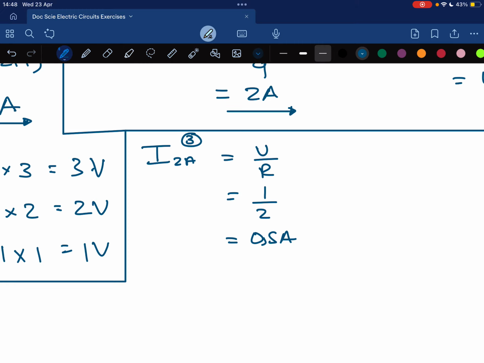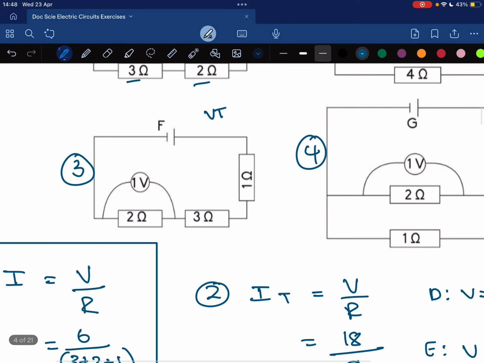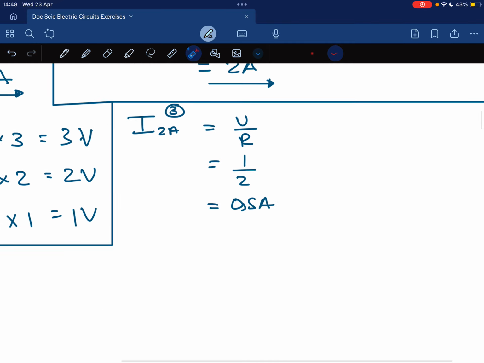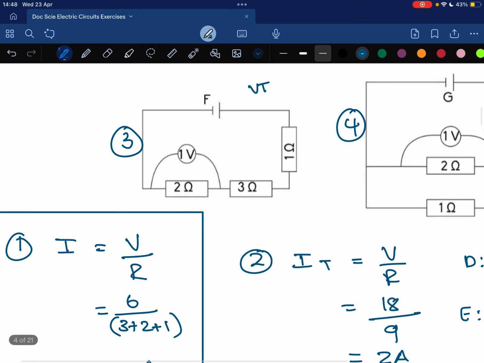Now, if you can remember from our previous discussions, the current is equal in a series circuit. So if there's 0.5 amps going through the 2 ohm resistor, then it goes through the 3 ohm and the 1 ohm. So that's the total current. Now I know that V total is equal to I total times R total, which will be 0.5 multiplied by the total resistance.